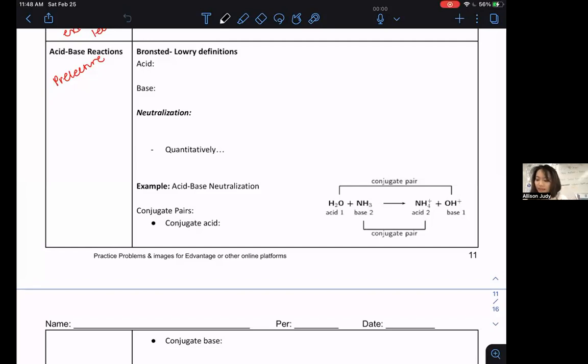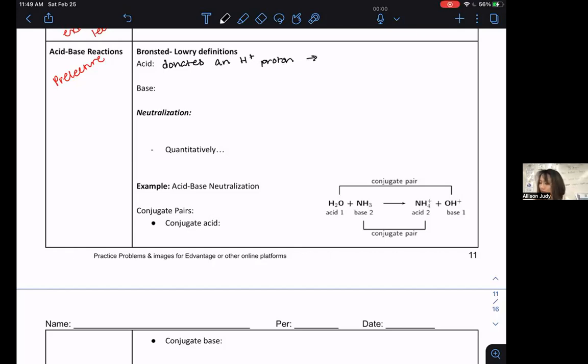So to begin, how do we define an acid or a base? While there are several definitions that exist, we will be using the Bronsted-Lowry definition, which says that an acid is a compound that is able to donate an H+ proton.